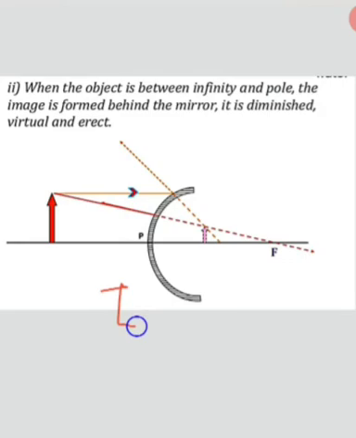So we will place an object on the left side between infinity and pole, and the image formed will be diminished again and its nature will be virtual and erect. Moreover, you can understand all these ray diagrams by doing more and more practice.